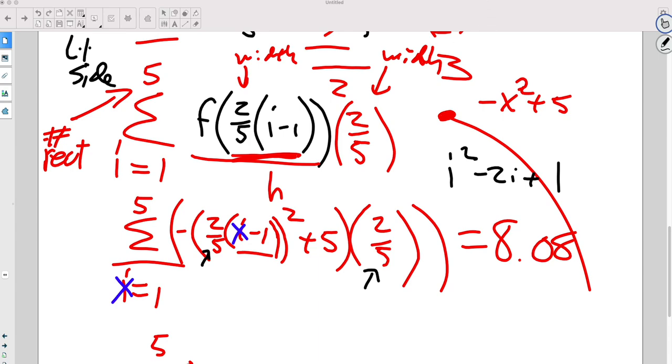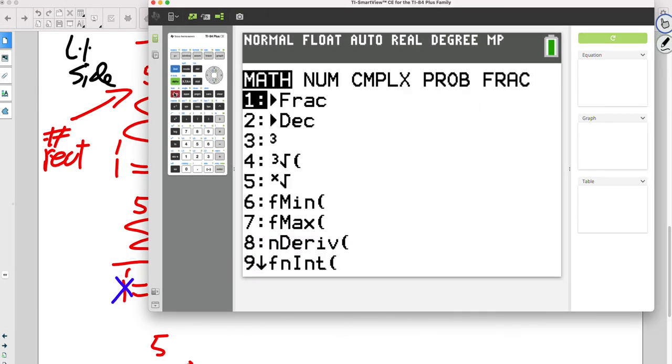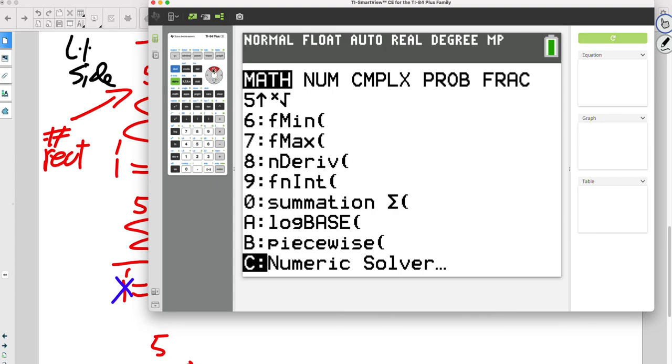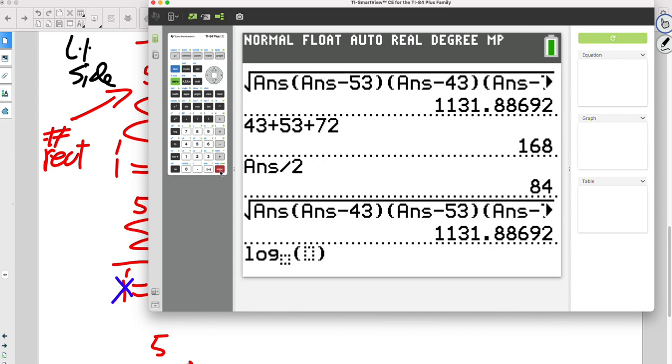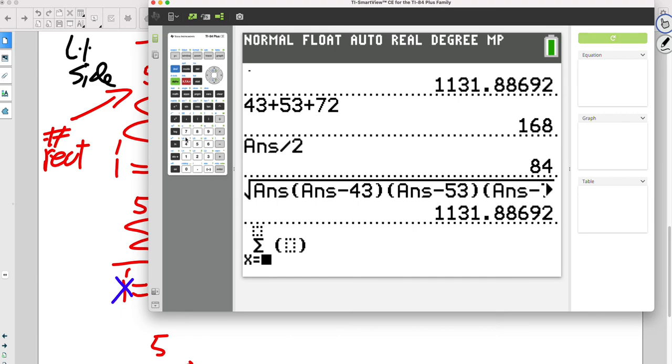So here's how to put it in. All right, so math. Whoops, wrong one. Math. X 1 5. Careful, this is the part where students make a mistake. I'm going to put a negative sign and then another parenthesis.